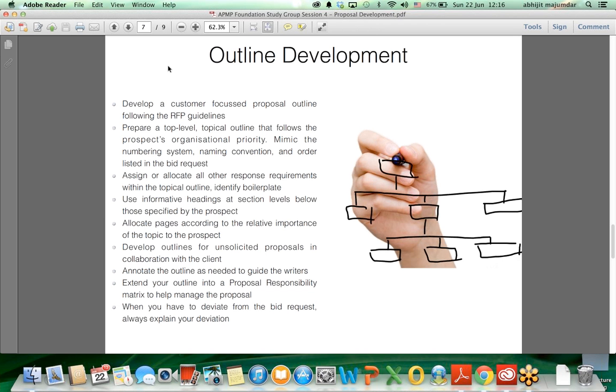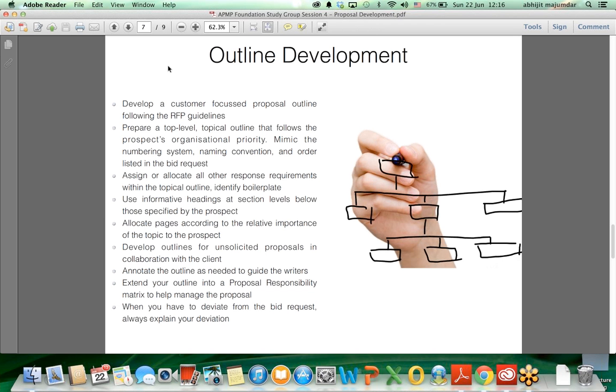Even if it is not a question answer based RFP, and still the customer has not given you the proposal outline, try to see the evaluation criteria and organize the proposal outline as per the evaluation criteria or the evaluation criteria weightages.